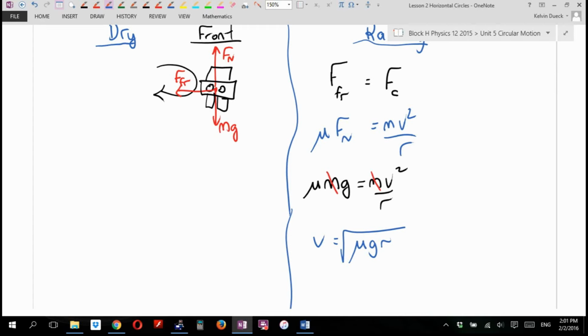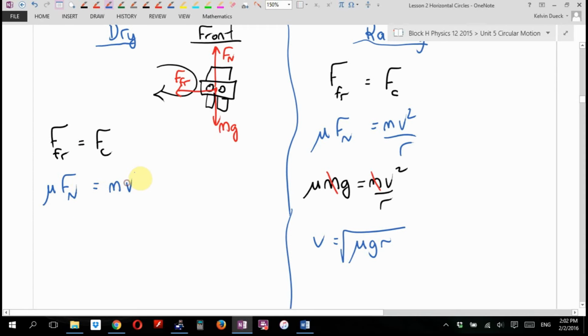So now, Dustin, let's go walking over here when it's dry. When it's dry, we have friction pushing us around in a circle. Mu times the normal force equals mv squared over r. Don't forget to times by m to make it a force.